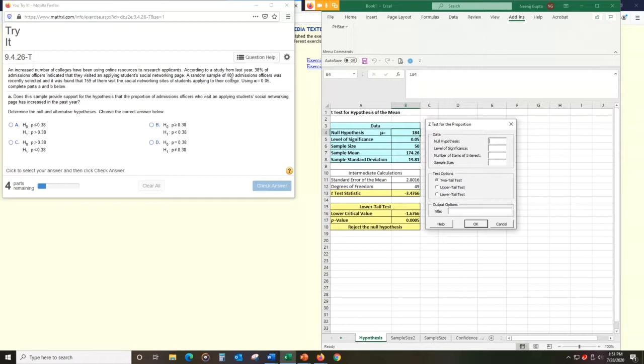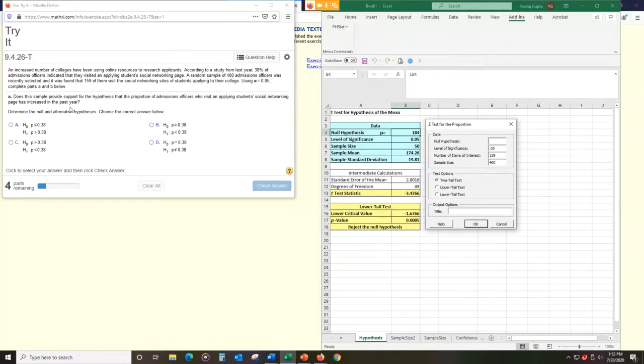A random sample of 400 admission officers was recently selected and it was found that 159 of them visit this thing. So I'm already given 159 as my number of items of interest. So I do not have to do any additional work here. Got it? So we do 159 here. My sample size is 400. My level of significance is 0.05.